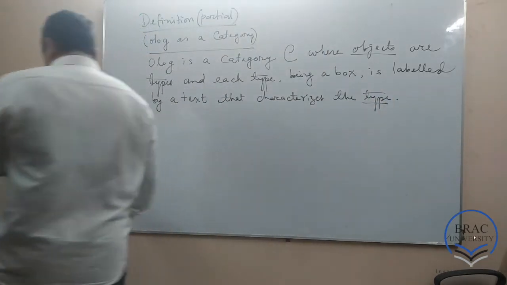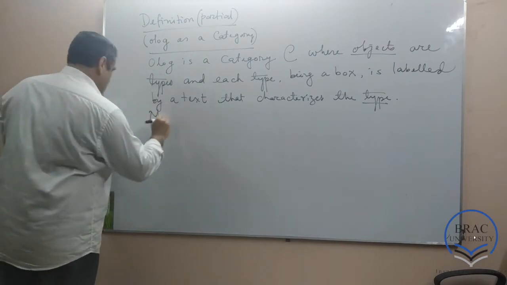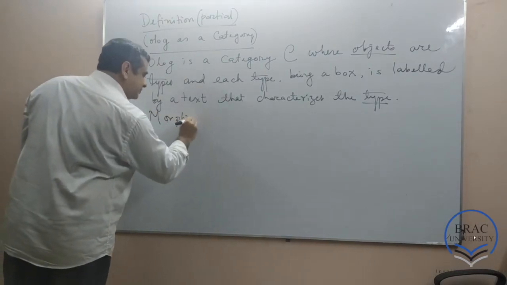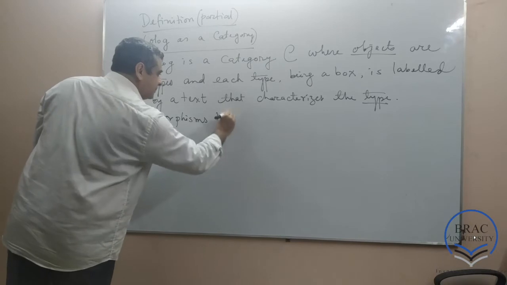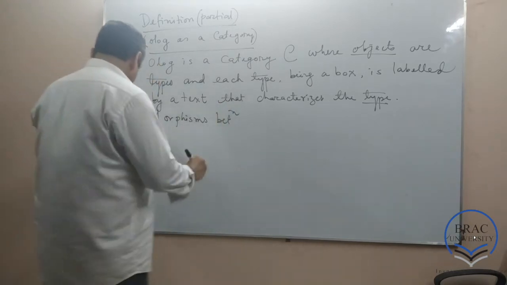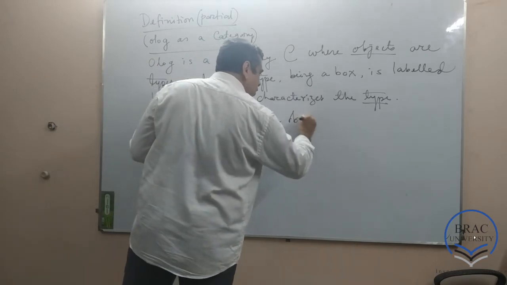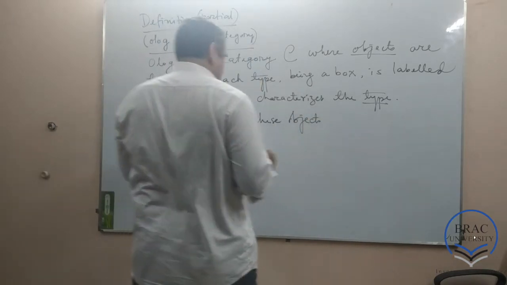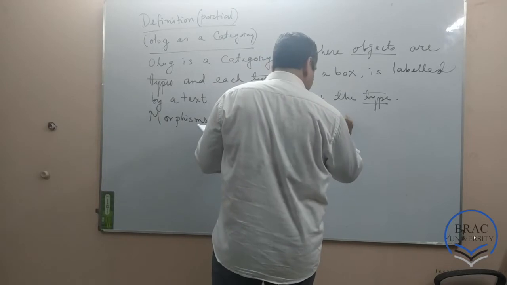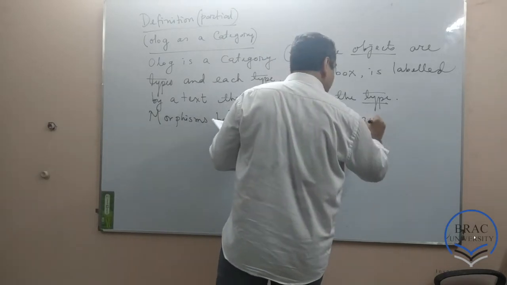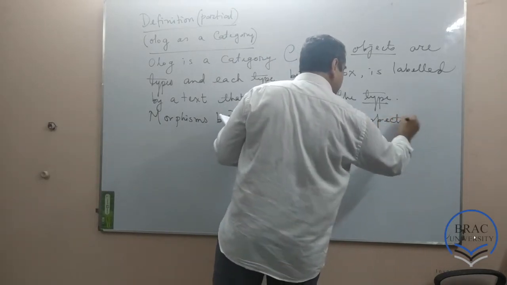Okay. Morphisms between these objects are precisely aspects.